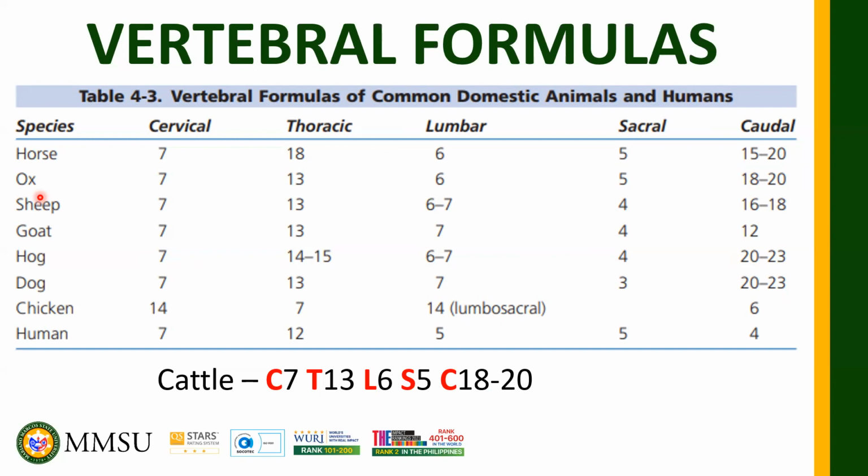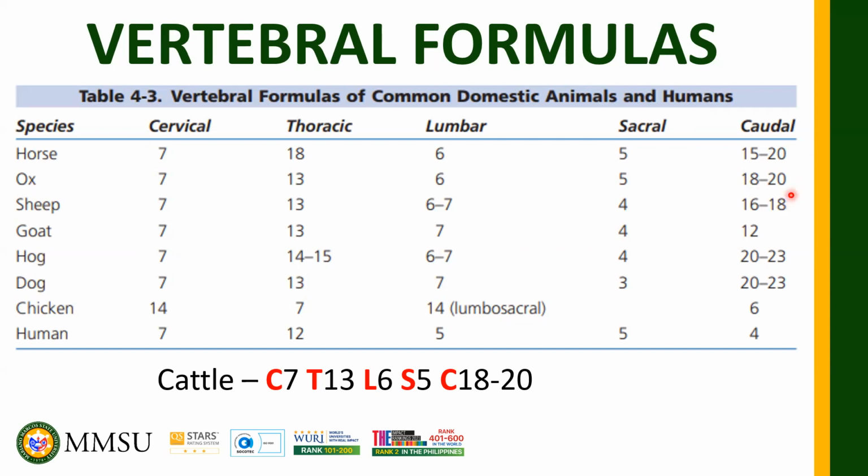Because if we look, it usually indicates the number of vertebrae in each region of the spine. So including the cervical, and then we have the thoracic, which is the chest, and then the lumbar, which is on the lower back or loin region, and then we have the sacral, which is the pelvic, and then we have the caudal, which is the tail region.